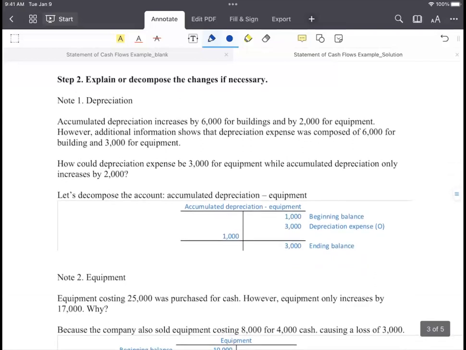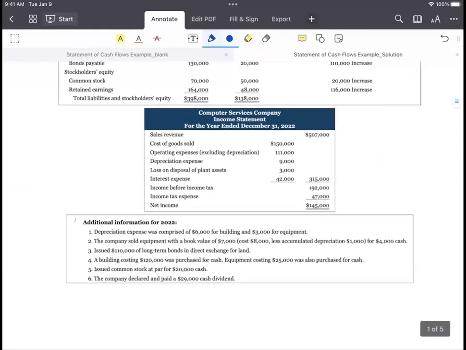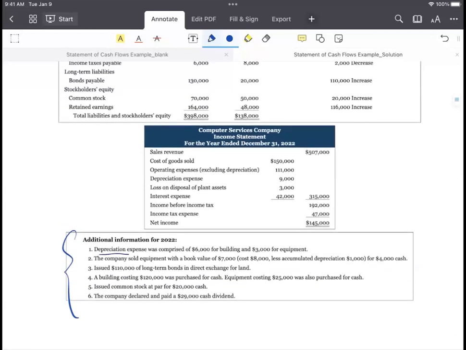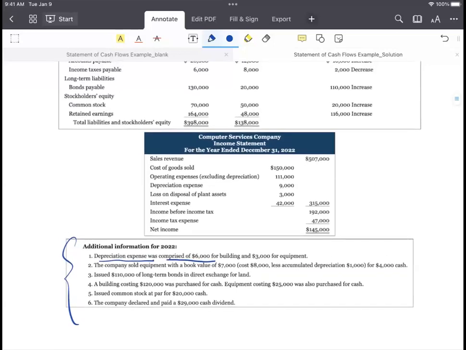After we have done that, we need to do some explanation and decomposition of certain accounts. Specifically, we look at the additional information here. Depreciation expense is composed of 6,000 for buildings and 3,000 for equipment.